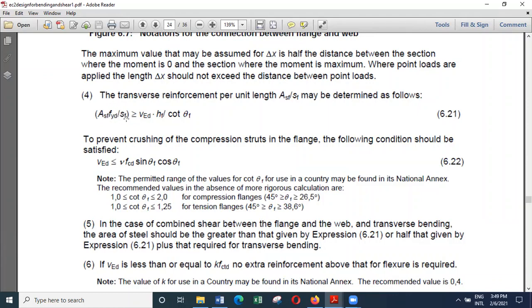The spacing, say 150, substitute, or you can just find the spacing required when the diameter of the bar is known. And this thickness is 150 that we know, and cot theta is cot 26.5, which is equal to 2. So straight away we can find the reinforcement spacing when the reinforcement area is known.